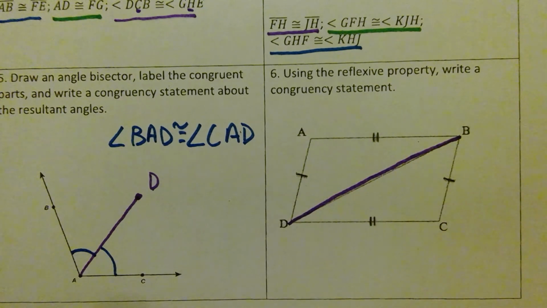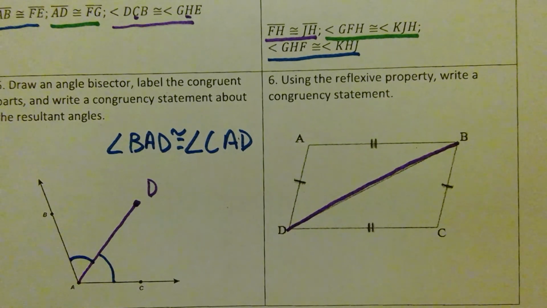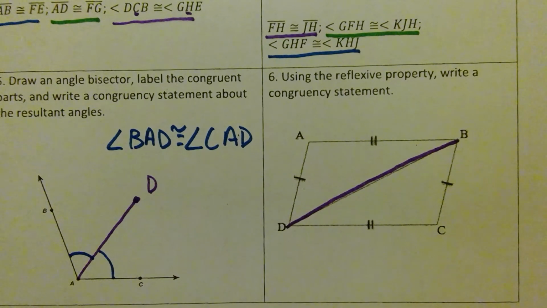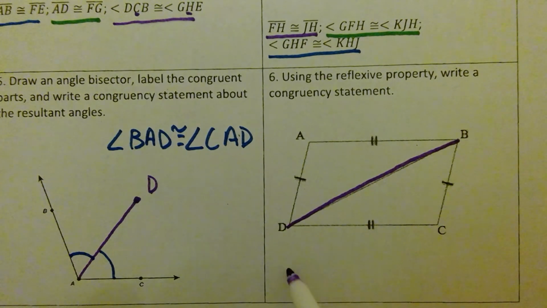Okay? So since it's in both triangles, we do have to still make the remark that it is congruent to itself, because then we show it's congruent in the top triangle, we show it's congruent in the bottom triangle. Okay? So in this case, we could make the statement that DB is congruent to DB.